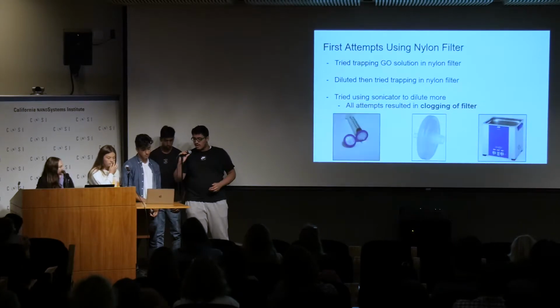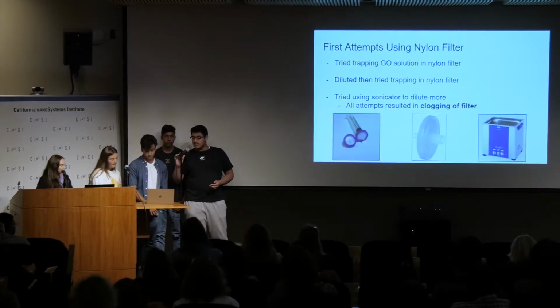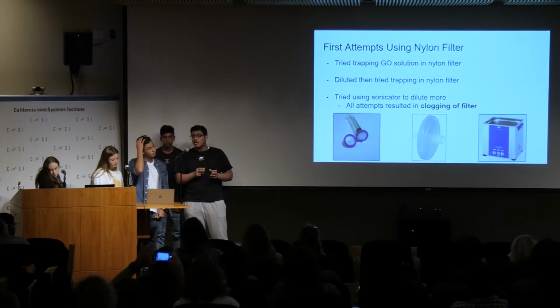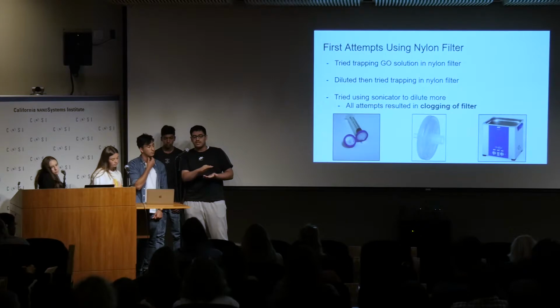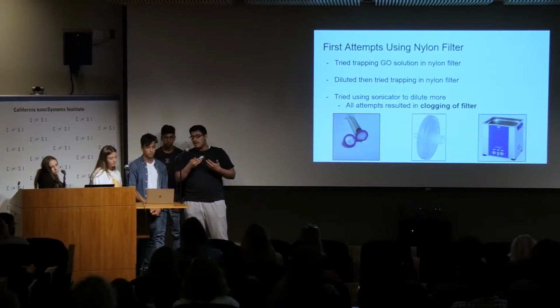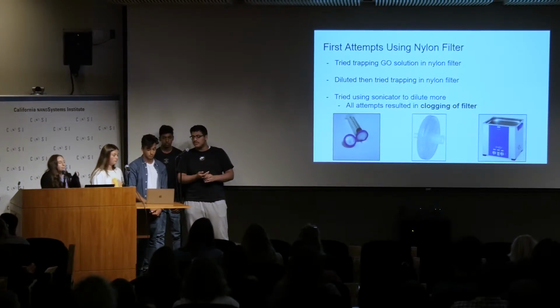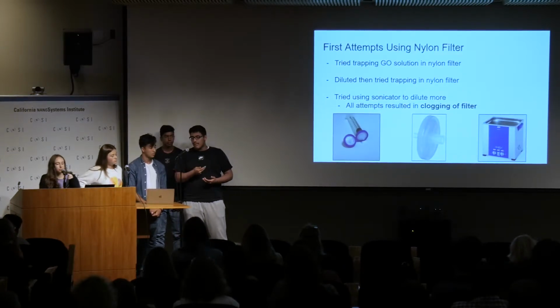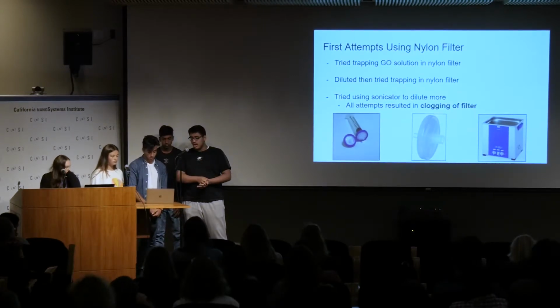And so we began by using a nylon filter, and we tried trapping a graphene oxide solution on the filter, so coating it over it, but that didn't work, and the filter got clogged. So we tried to dilute the solution with water, and then we coated it again, but the nylon filter still clogged.